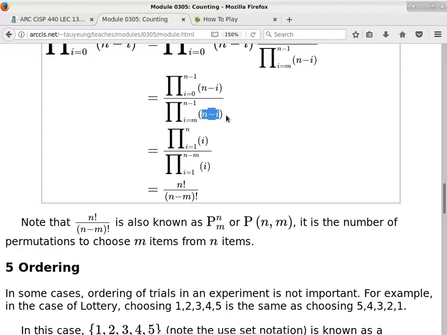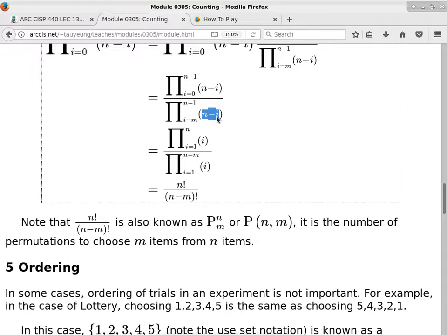Right? What happens when i equals n minus 1? When i equals n minus 1, n minus i becomes n minus n plus 1, which is just 1. That 1 goes here, and then the n minus m goes here.